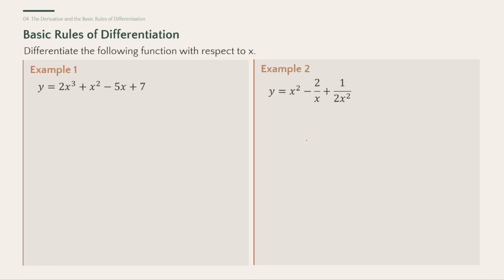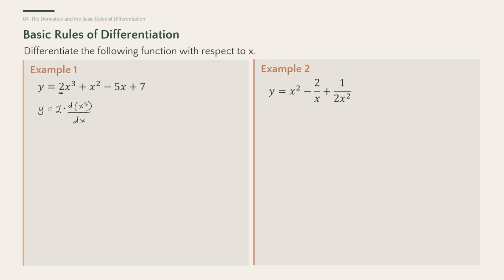So let's answer number 1. We have a sum of algebraic terms here. y is equal to 2x cubed plus x squared minus 5x. And using the sum and difference rule, we can take the derivative of each one. The first one, we have a 2 as a constant. Using the constant multiple rule, we can take the constant out of the derivative and then just differentiate the other term, which is x cubed with respect to x.